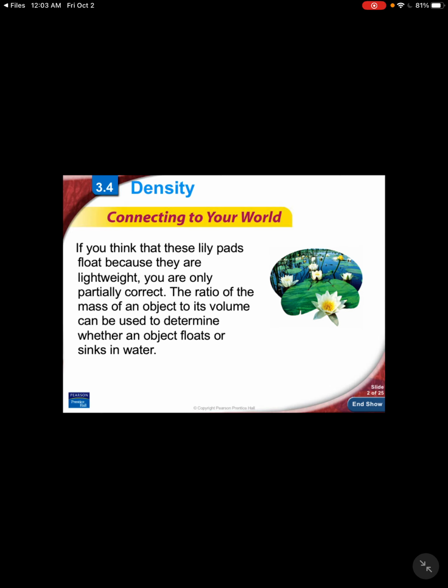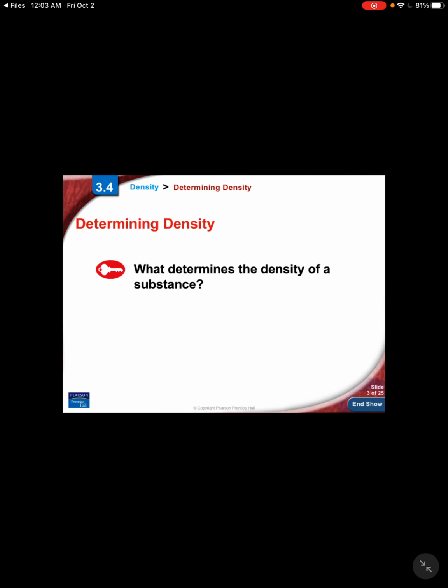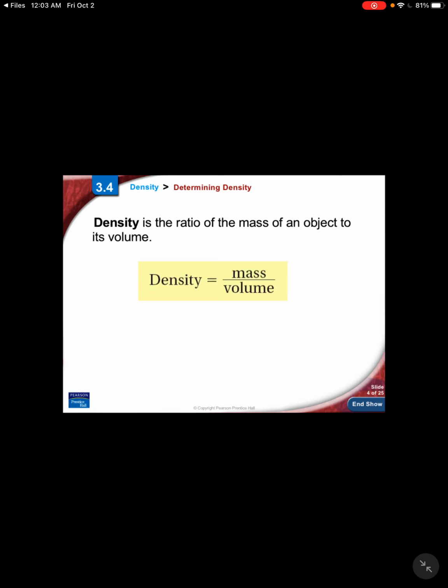And density is not so much the mass of an object, but it is specifically a ratio of the mass to the volume of an object. And that is something that can determine whether an object floats or sinks in water. But there are other factors such as volume displaced and the like. But what determines the density of a substance, as I said, is the ratio of the mass to the volume.